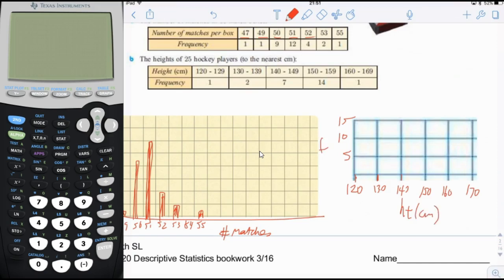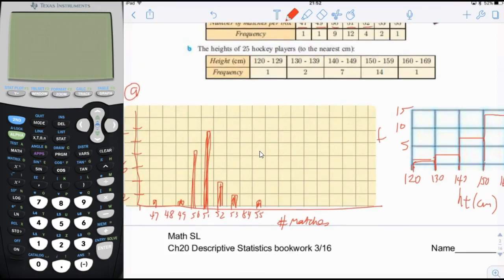The first box is going to go up to number 1, the next box is going to go to 2, the next box is going to go to 7. The next box is going to go to 14. The next box is going to go to 1. Okay, so do you see how these columns are all stuck together, and the numbers are aligned with each of the vertical lines, as opposed to the column graph, which we see over here? The columns are separate and the numbers are underneath the column. That's it.